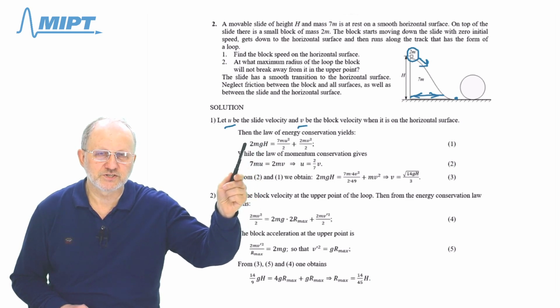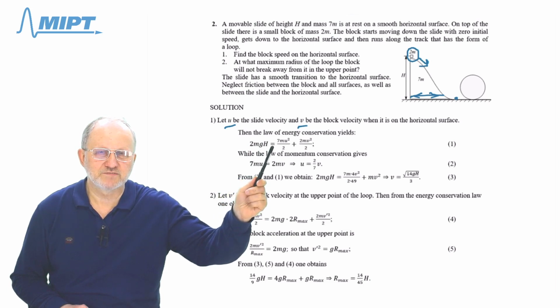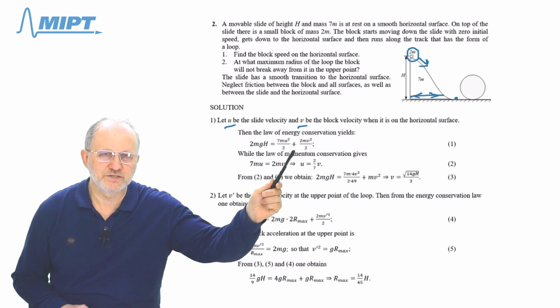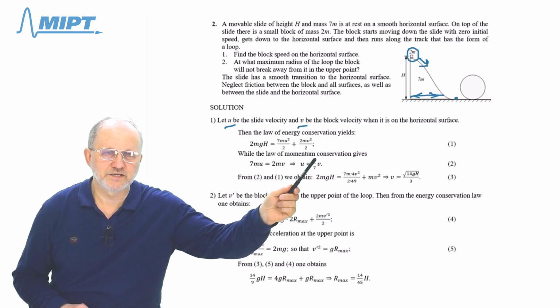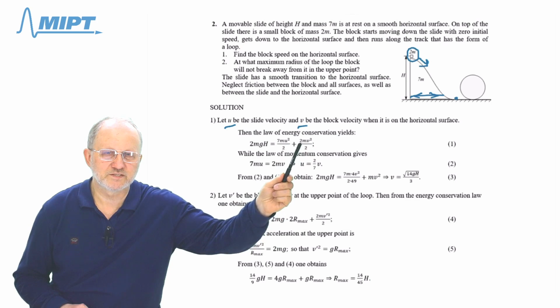This initial potential energy is then transformed into the kinetic energy of the motion of the slide, which has the mass 7m and velocity u, and which moves to the left, and the kinetic energy of the block, which has mass 2m and velocity v, and it moves to the right.